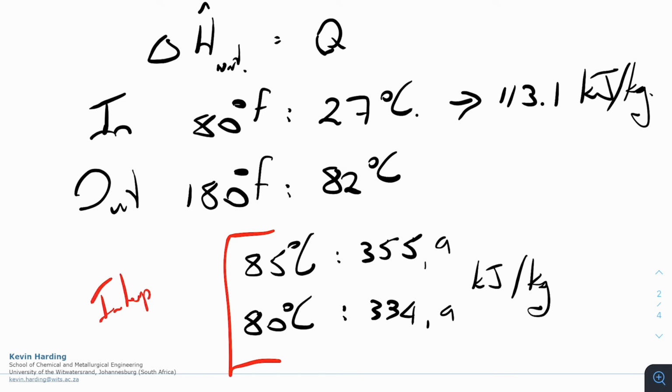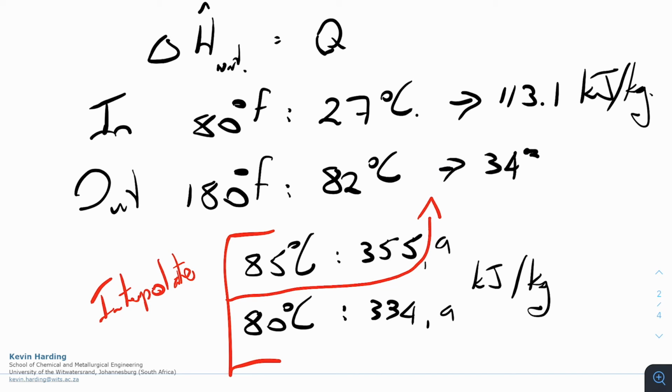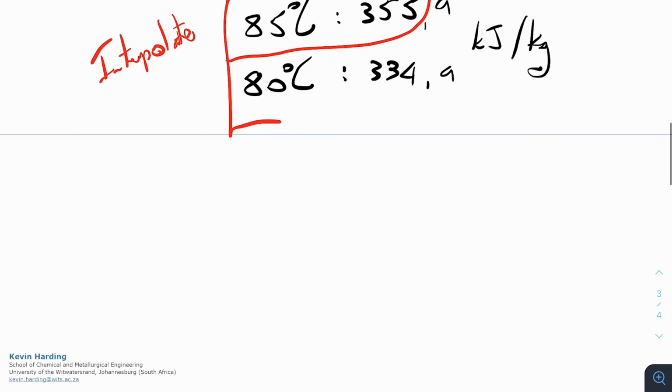What we want though is to interpolate to find what we have at 82 degrees Celsius. If your maths is the same as mine, you should get 343.3 kilojoules per kilogram for the enthalpy of the water out.